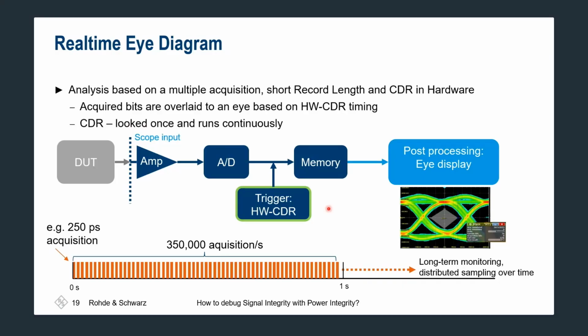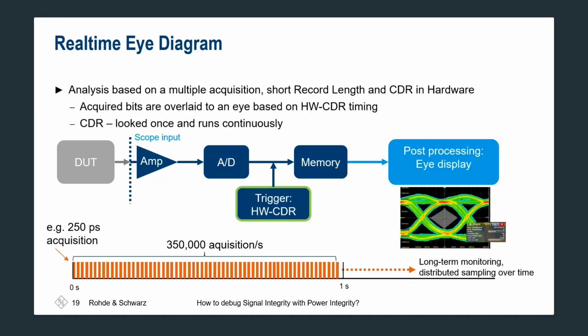Digital trigger and hardware CDR make it possible to acquire a lot of short-time acquisitions from the input data stream instead of one long single-shot acquisition. With this approach, the waveform update rate for our RTP oscilloscope can go up to 400,000 UIs per second while measuring an eye diagram.